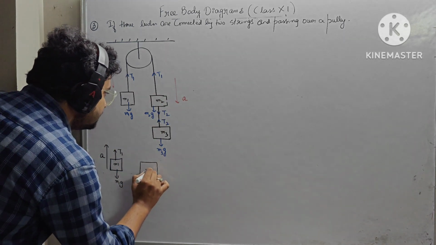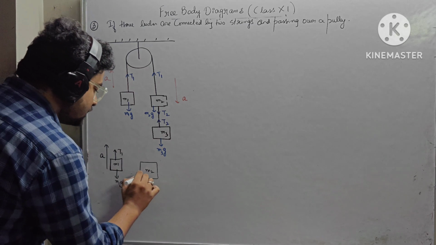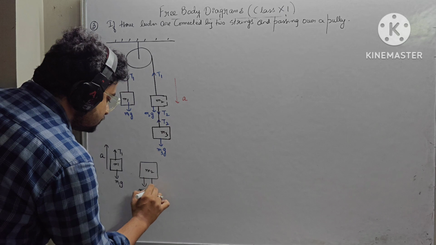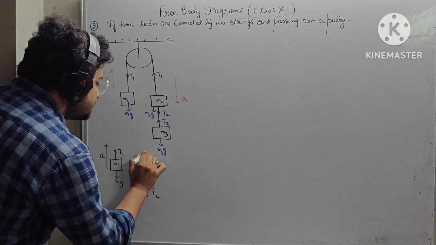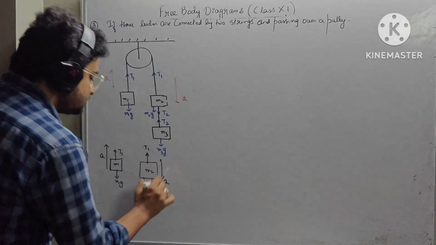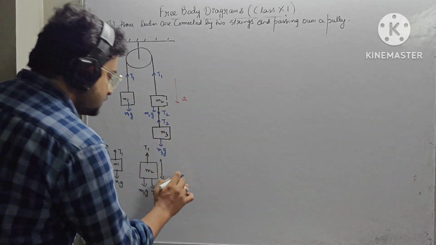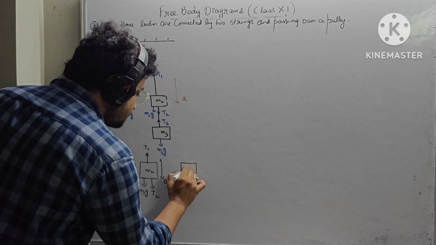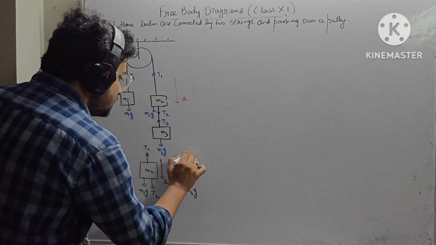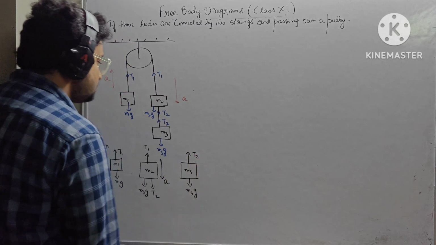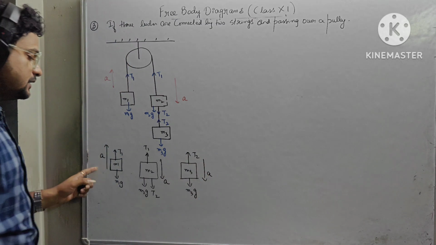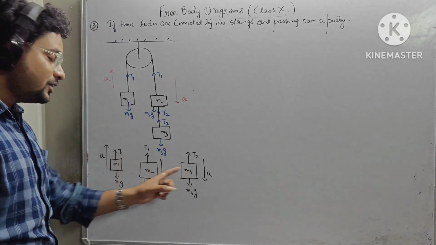So for M2 we have M2G, we have T2, and in this direction T1, and we have the acceleration in the downward direction. Okay. For the third body M3, we have M3G, and we have T2 in this direction, and this is also coming in the downward direction. So these are the free body diagrams of all the three bodies individually.